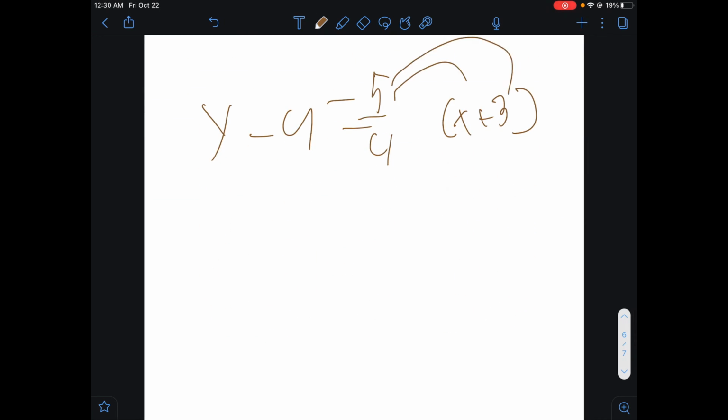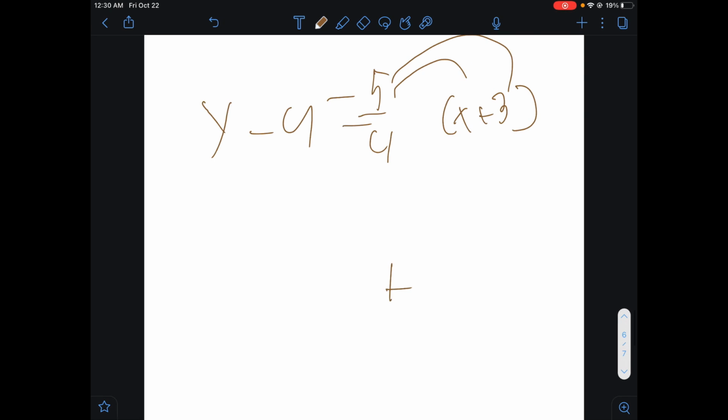We distribute that, okay, and now we're gonna have 15 over 4 plus 5 over 4 x equals y minus 4.